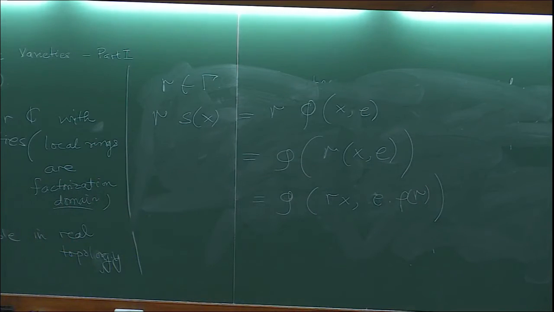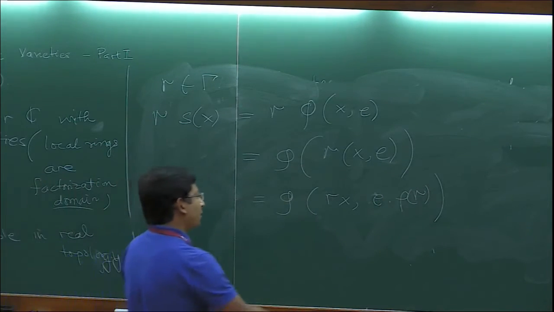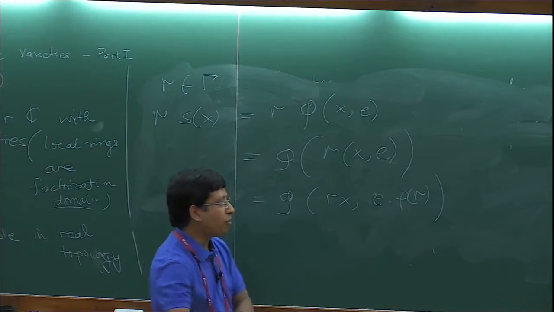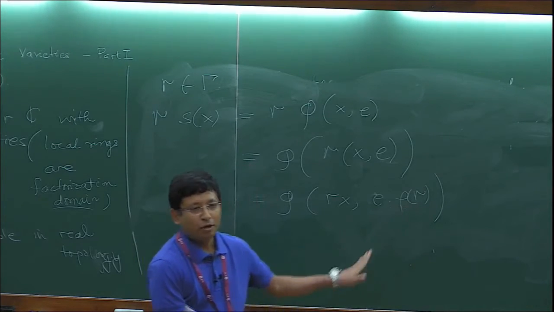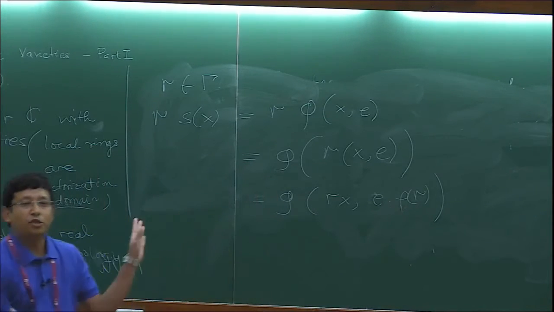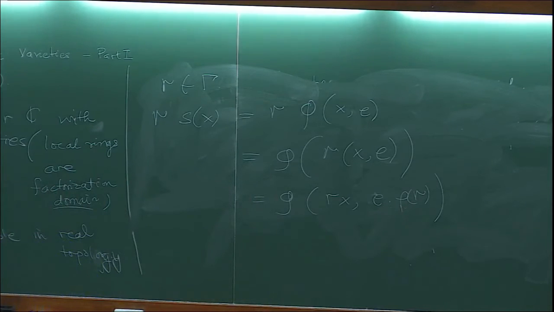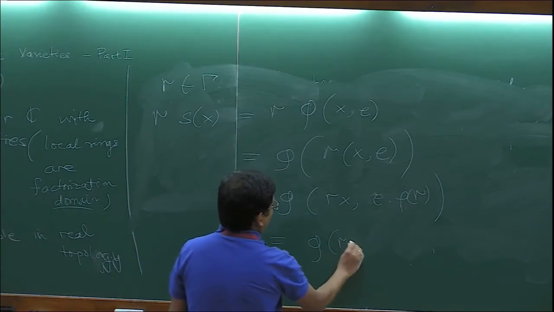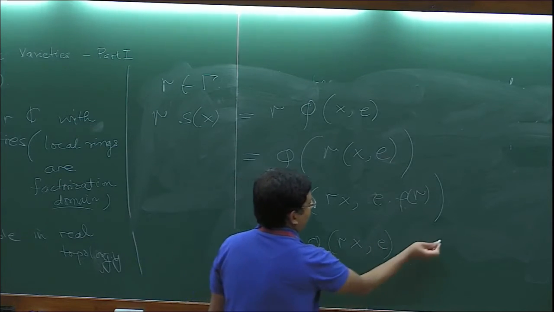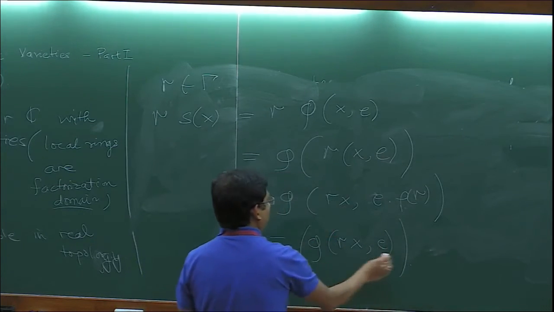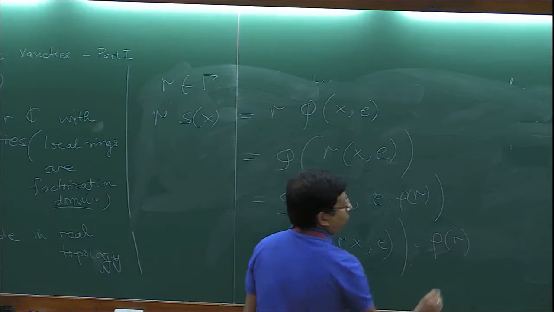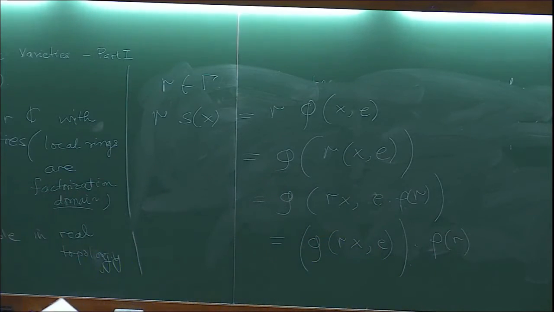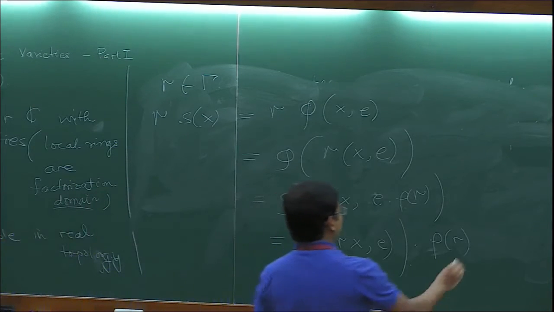And now, because rho gamma is part of the G action and phi is again G equivariant, this is phi of gamma x, e rho gamma. So you see, it's a very rigid thing.